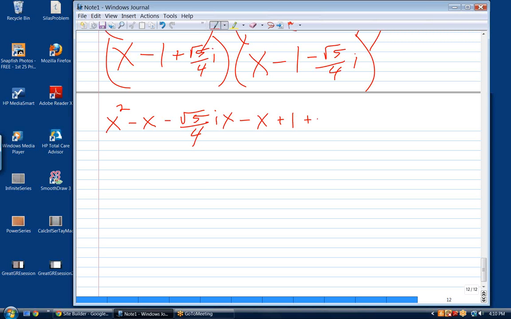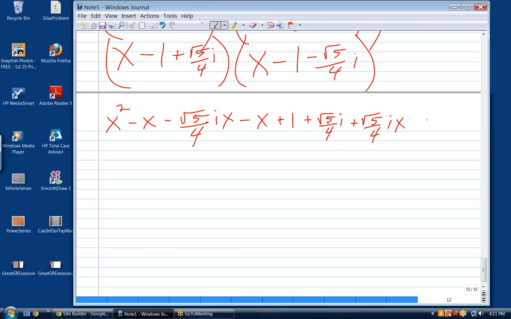Plus 5, square root of 5 over 4i. And then 5 over 4ix. Notice that term's going to disappear because it's going to cancel with this one.